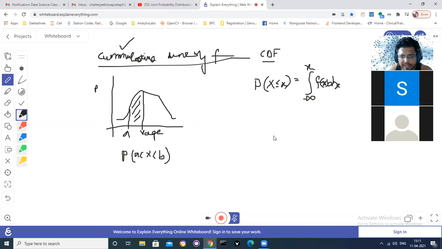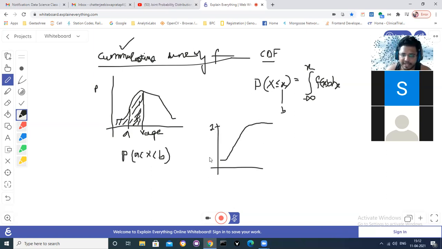We are not calculating the probability of only a range. So if I say the CDF where x is equal to b, that means everything before it is included, the total value up to that point. The CDF graph always becomes like this, and at the end it becomes equal to 1.